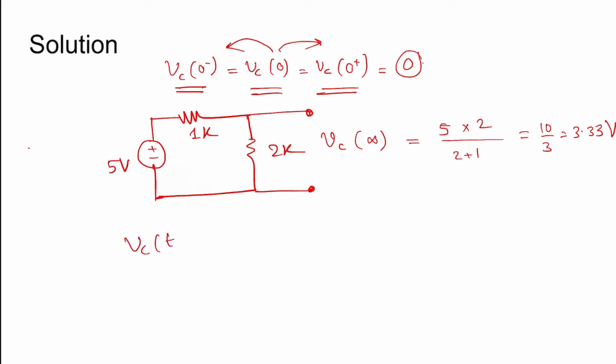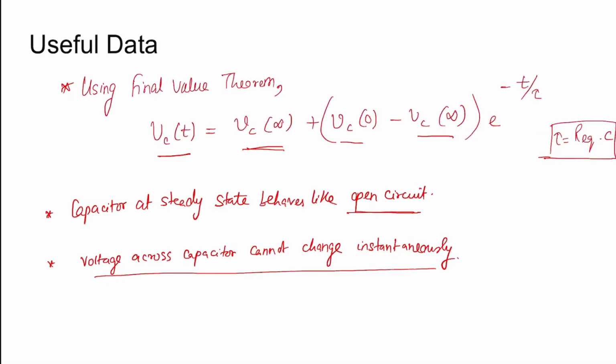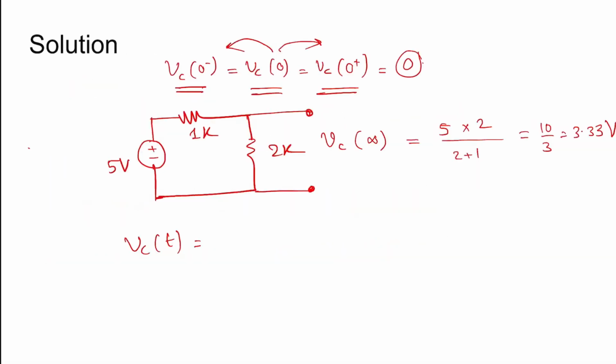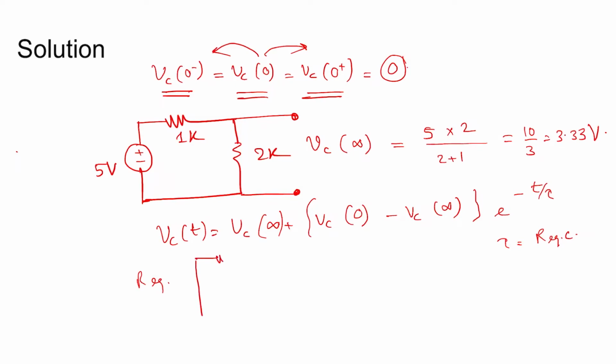Now applying the final value theorem, Vc of t equals Vc of infinity plus Vc of 0 minus Vc of infinity into e to the power minus t by tau, where tau equals R equivalent into C. R equivalent can be determined by replacing the voltage source with a short circuit, with its internal impedance, and 1K and 2K come in parallel.